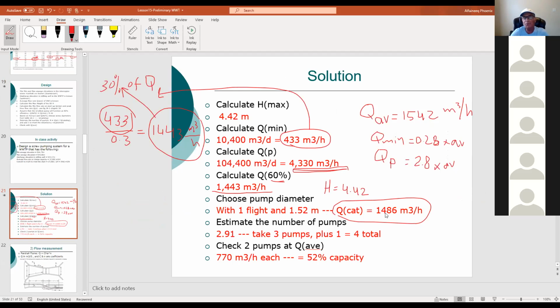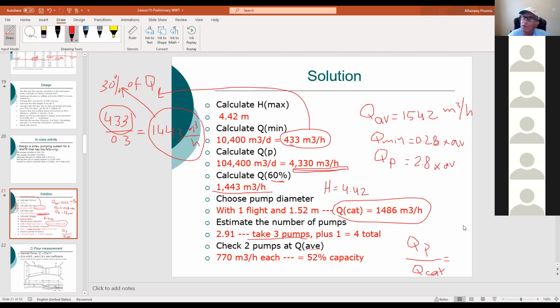Try to divide this number by this number. Are you getting 3 pumps? Q peak divided by Q catalog. It's gonna be close. Yeah, you end up getting 2.91. So you choose 3 pumps. Right.